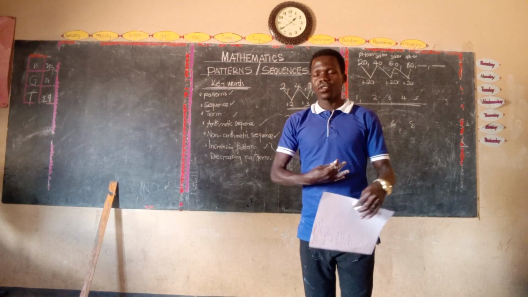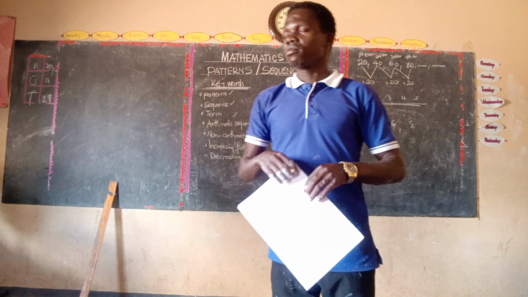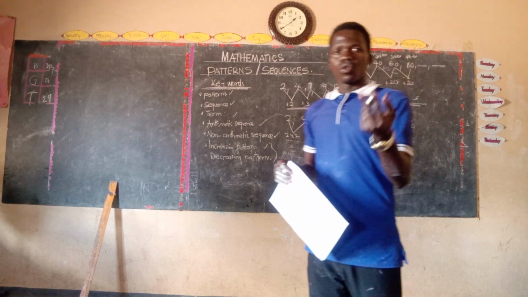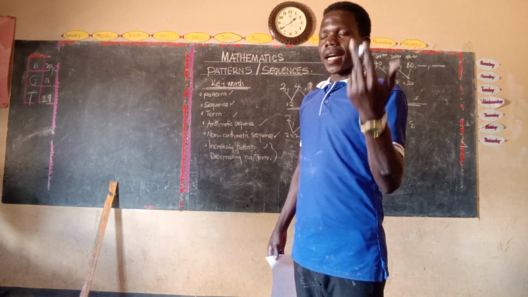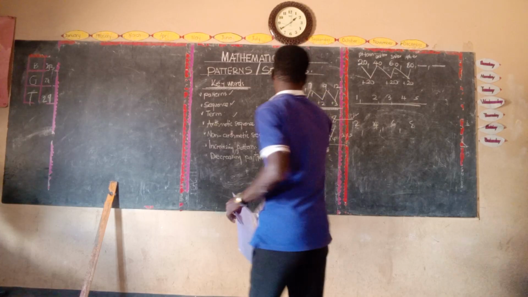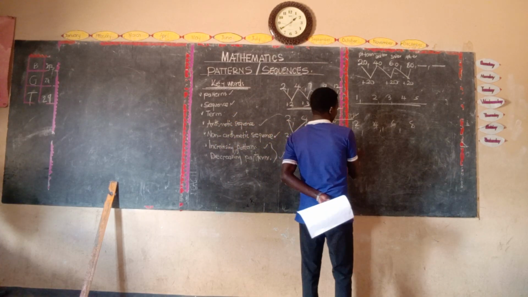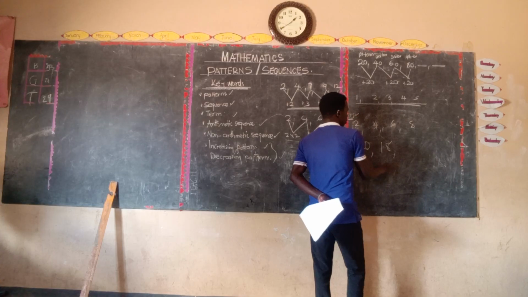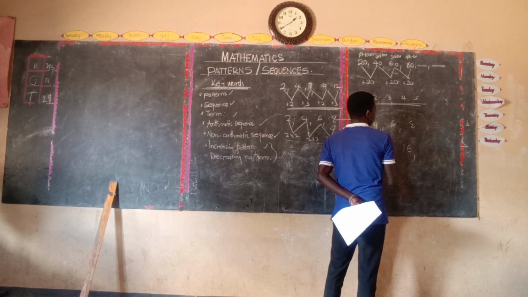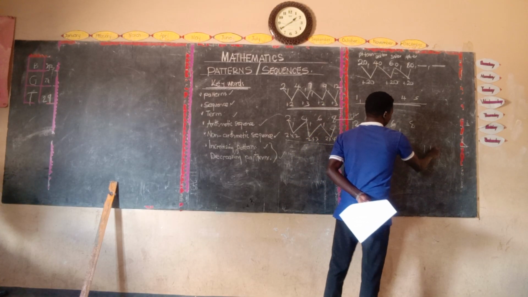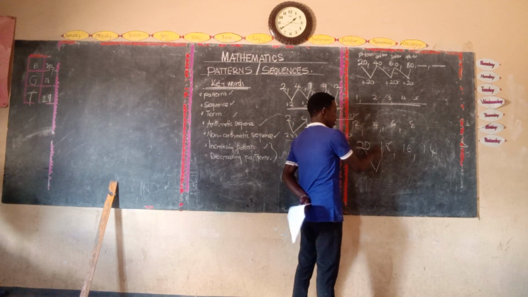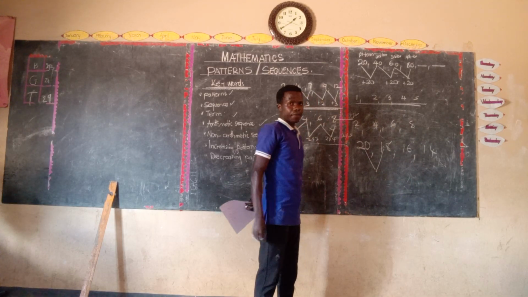Then we come to decreasing patterns. Here the numbers are obtained in two ways. One, by subtraction. For example, let's look at these patterns: we have 20, 18, 16, and 14. From 20 to 18, we are reducing.